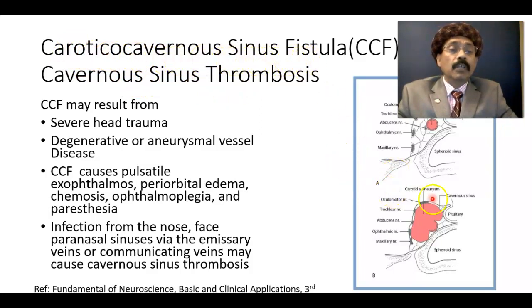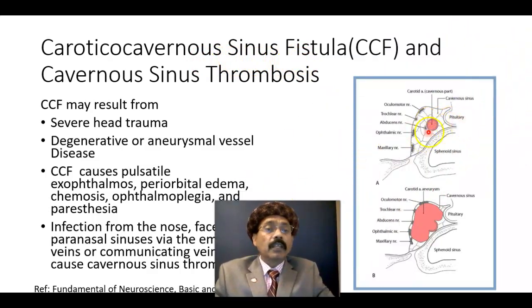This is the internal carotid artery with arterial blood at high pressure, and these are the venous blood in the cavernous spaces, separated by endothelial cells. Sometimes it may rupture due to trauma, or due to an aneurysm, which may also cause compression of the cranial nerves.